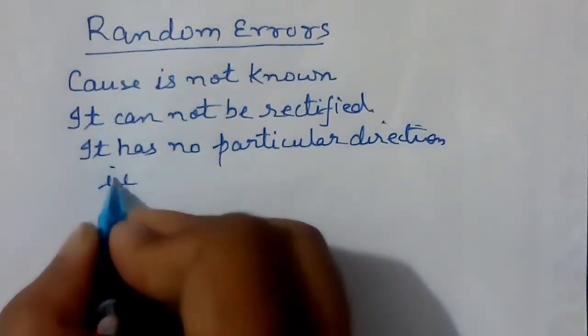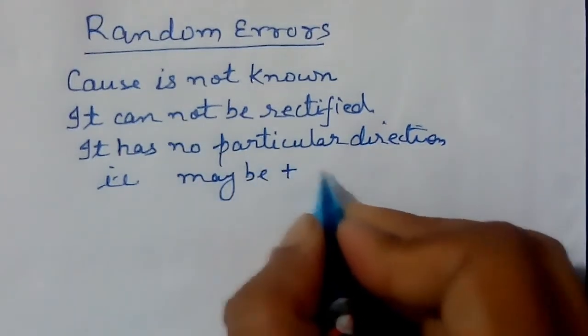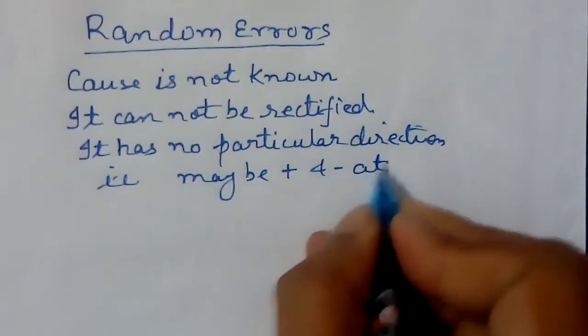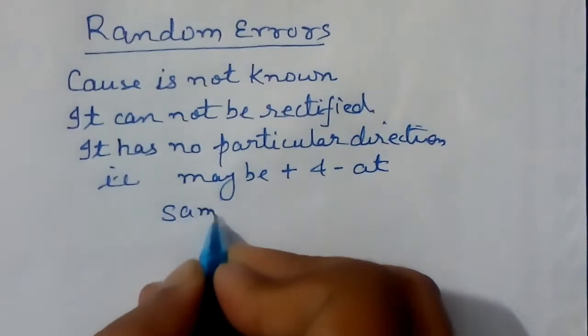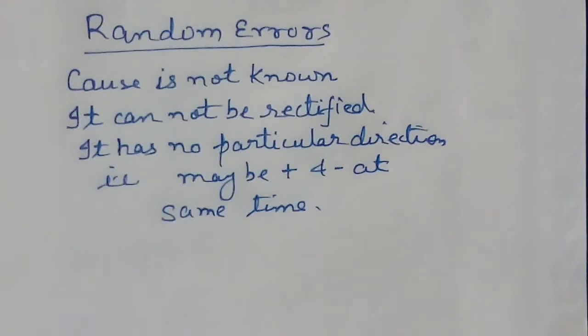That is, its direction may be positive and negative at the same time. Okay. Now the question arises: when it cannot be rectified, how can these errors be minimized?